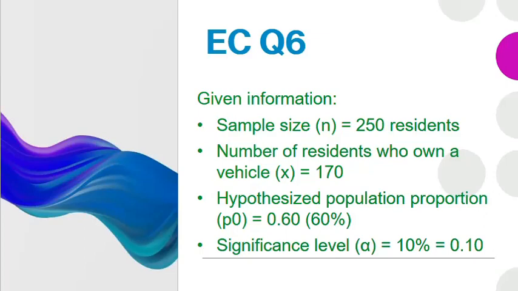We're also given the number of residents who own a vehicle, which is x, and that is 170. The next value given is the hypothesized population proportion, which is p naught, at 0.60 or 60%. And last but not least, we are given the significance level alpha, which is 10%, or 0.10.